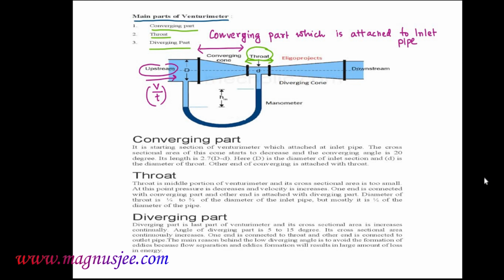which gives the proper interaction between the converging part and diverging part of Venturi meter. So this part, the throat, is the middle portion of Venturi meter. And the third part is the diverging part.